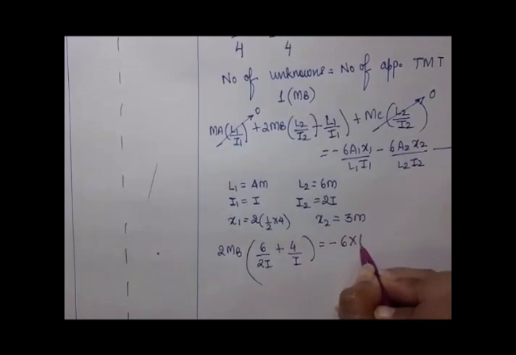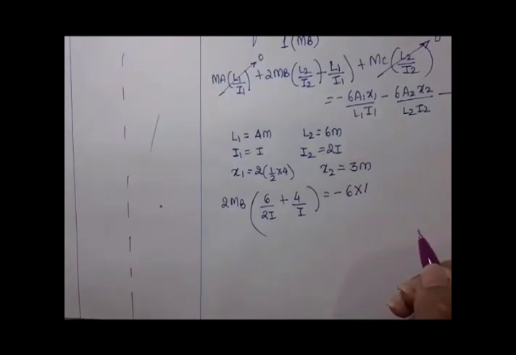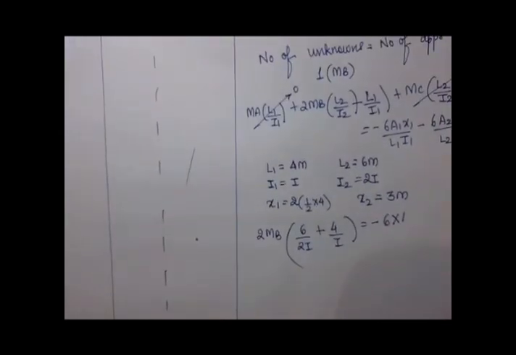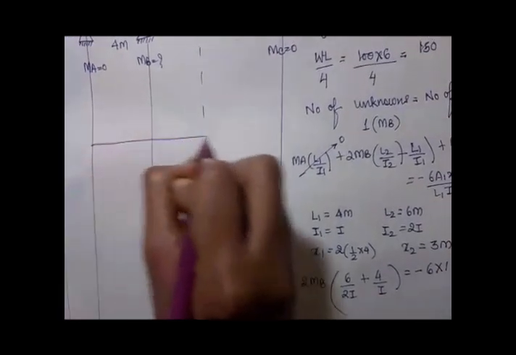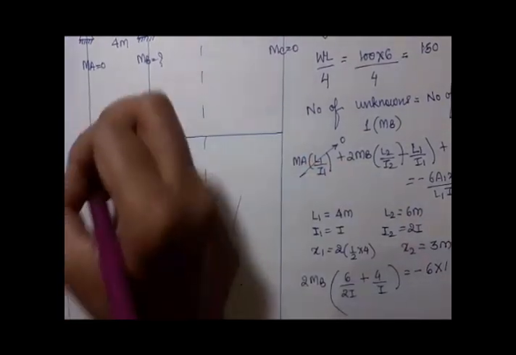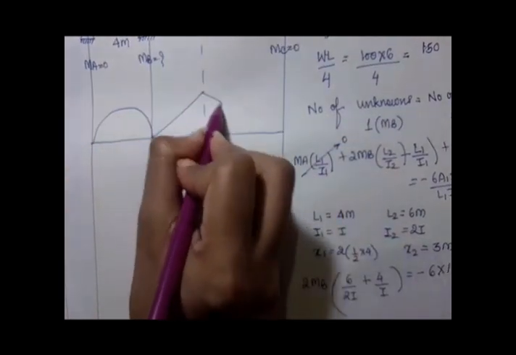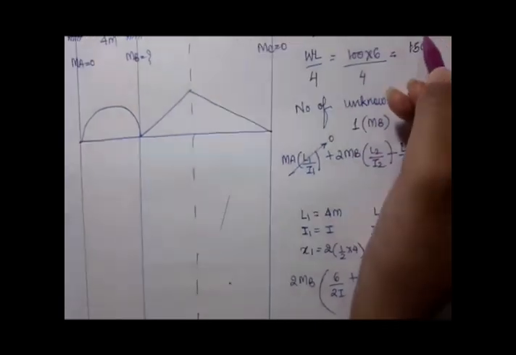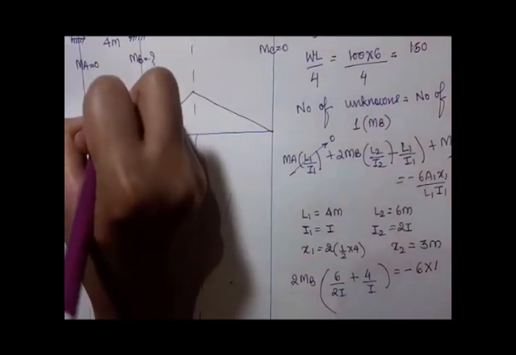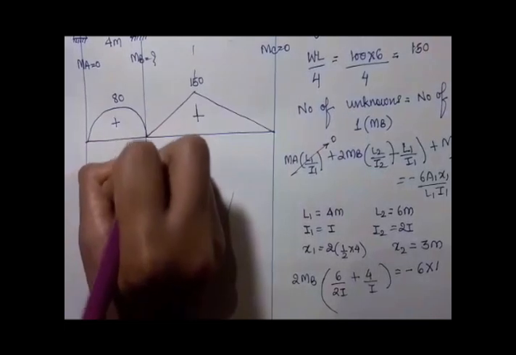into A1. Now the problem here is, from where we would be getting the A1 and A2 value. Now I already told you that here, since it is symmetrical, we would be getting a semicircle here and a triangle here. Now the values we found were 80 and 150. So here it would be 80 and this would be 150, and this is positive, and I already told you that it is an action diagram.